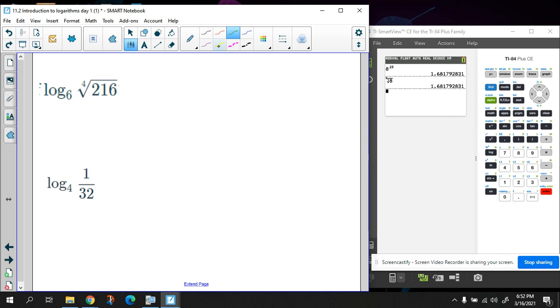I have some more special examples because I think these take a lot of practice. This one is wanting me to find 6 to some power that is the 4th root of 216. I can use my rules. Radical is the same as thinking of that as 1/4 power. I would want to try and change this to match this base.